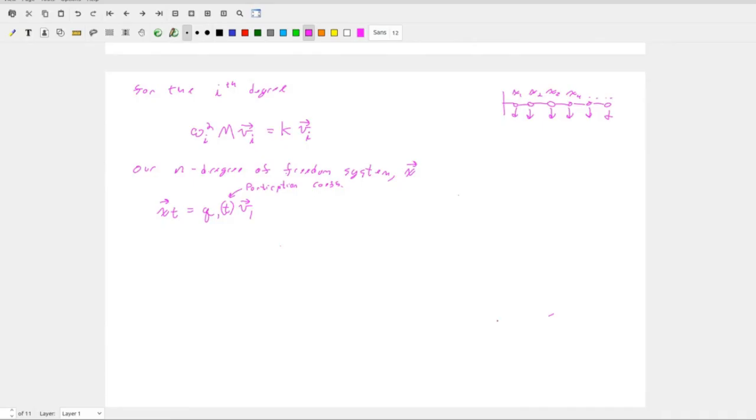Plus q2, the participation coefficient of our second mode as a function of time, multiplied by our second eigenvector, which is related to the mode, plus however many you want, up to qn of t times eigenvector n.